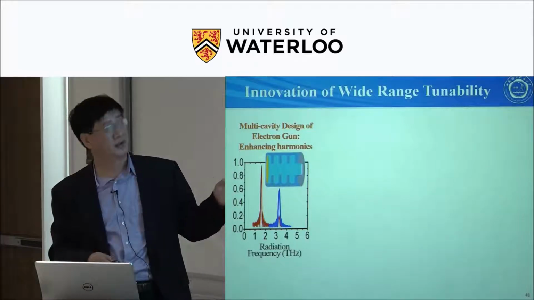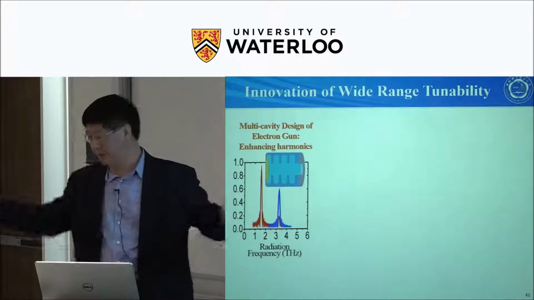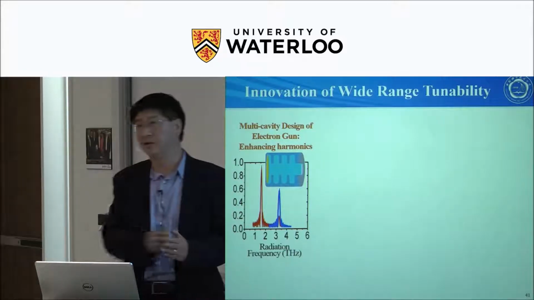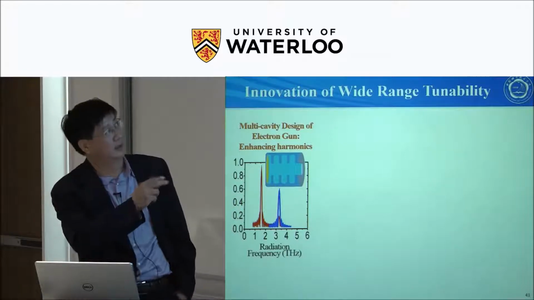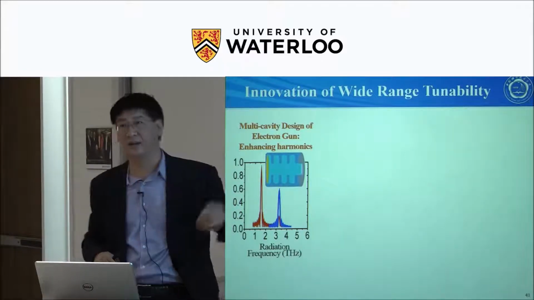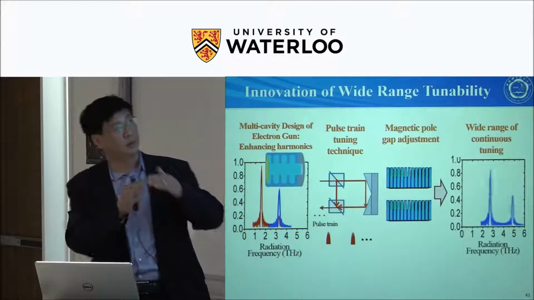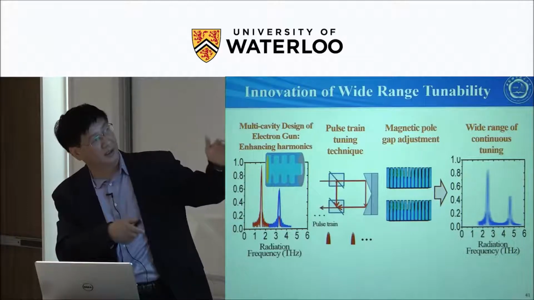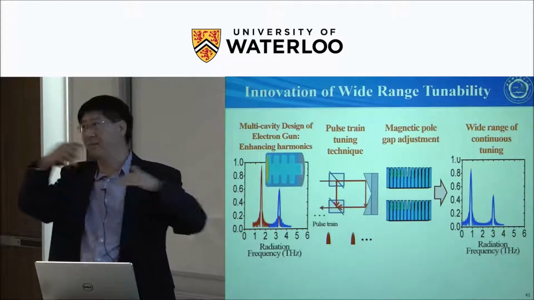We make this system fully tunable. This laser, you have a small laser here. You need to tune the wavelengths. So first one, we change this electron gun, enhancing the harmonic generation. Then second one is we use this mechanism to adjust the undulator gap, okay?